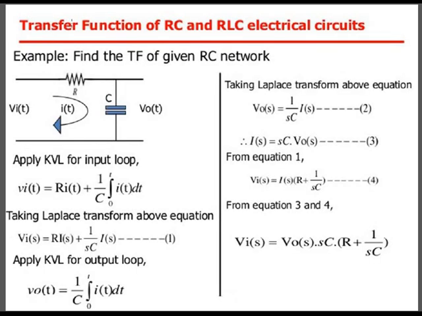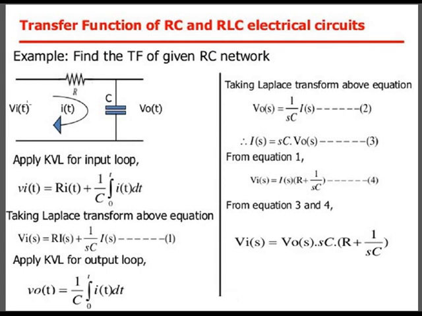So let's take one example for the RC and RLC circuit elements. Find the transfer function of the given RC network. This is an RC network where R and C are connected in series.